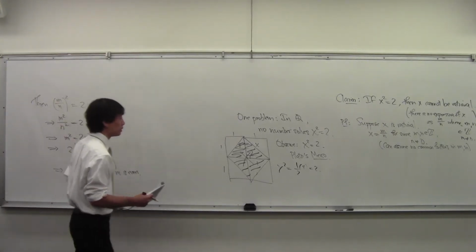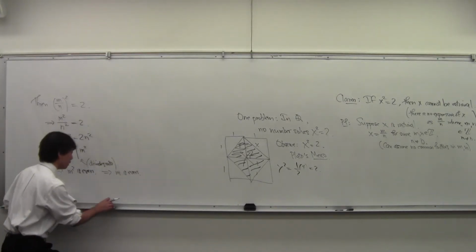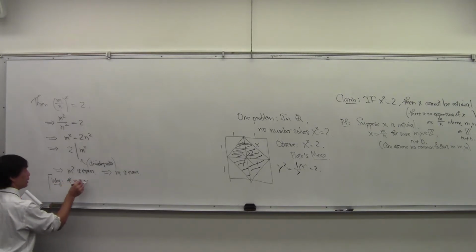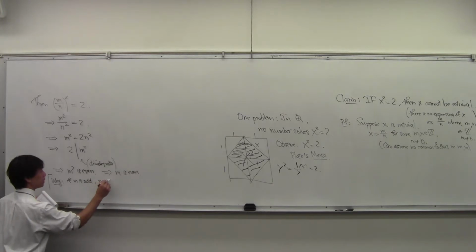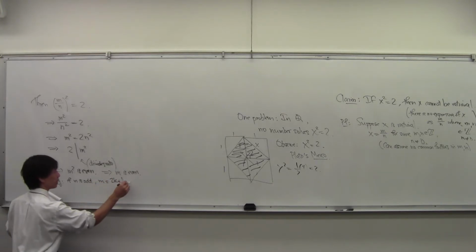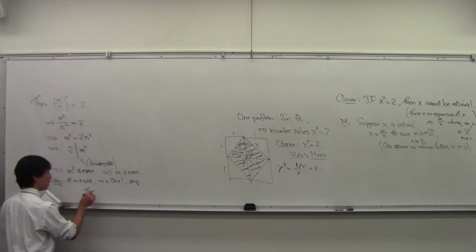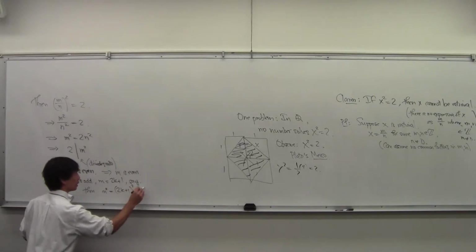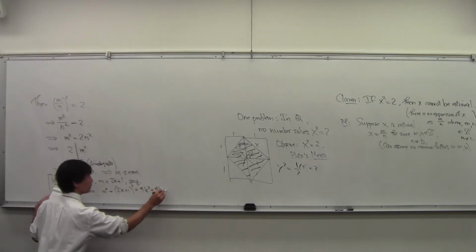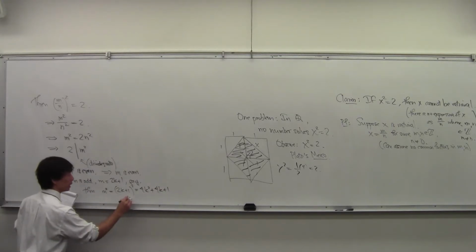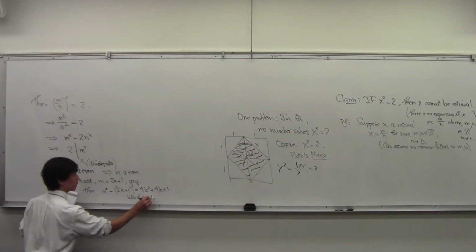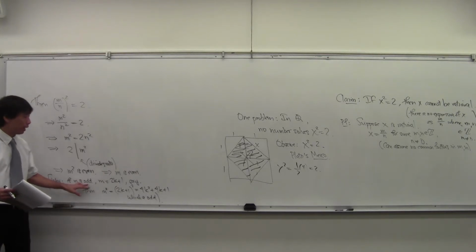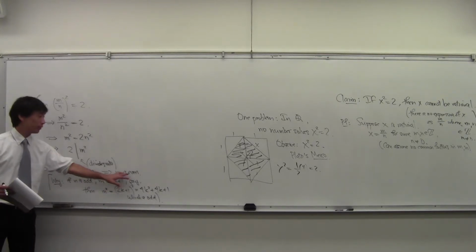So let's maybe put that in. If m is odd, say m is 2k plus 1, then m squared would be 2k plus 1 squared, which is 4k squared plus 4k plus 1, right? Which is odd. Right? So if you're odd, then your square is odd.